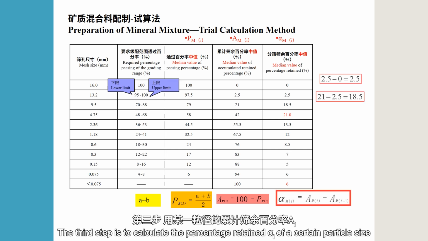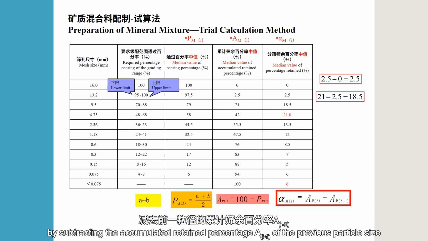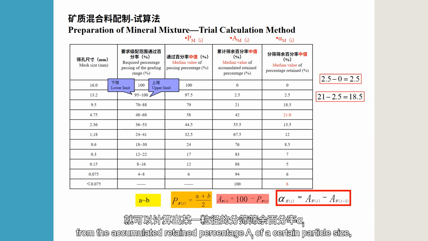The third step is to calculate the percentage retained alpha I of a certain particle size by subtracting the accumulated retained percentage A(I minus 1) of the previous particle size from the accumulated retained percentage AI of a certain particle size.